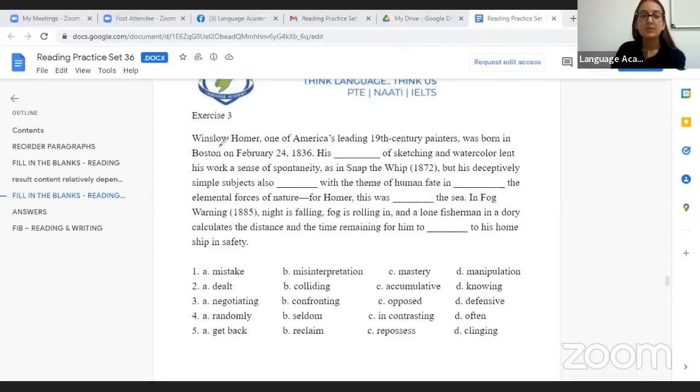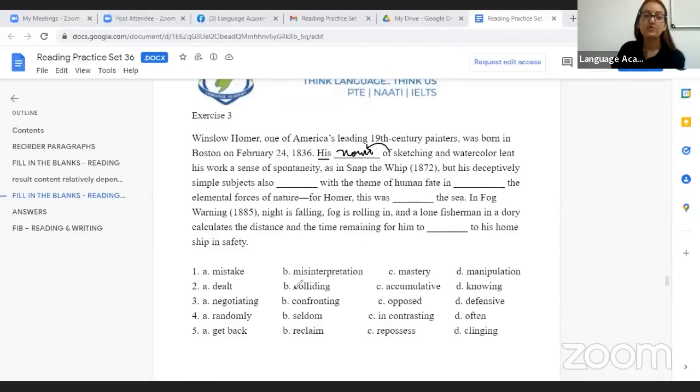Let's see, this says: Winslow Homer, one of America's leading painters, was born in this year. His dash of sketching and watercolor lent his work a sense of spontaneity. So whenever we have a blank after a possessive pronoun, we need to put a noun in that case.